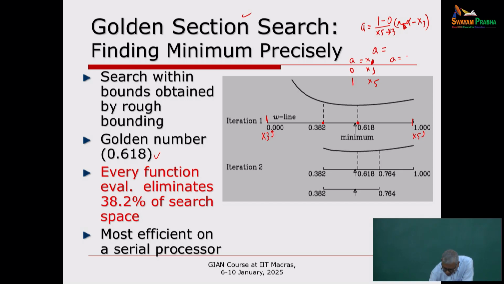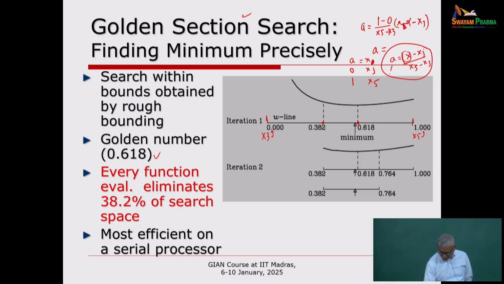So x minus x3 I need, because then it's 0, and when x is x5 I need it to be 1, simple, this formula. So if you put x equal to x3, it will be 0 here, and put x equal to x5 you will get 1. So that's the mapping. So now you can actually calculate from this what should be x.